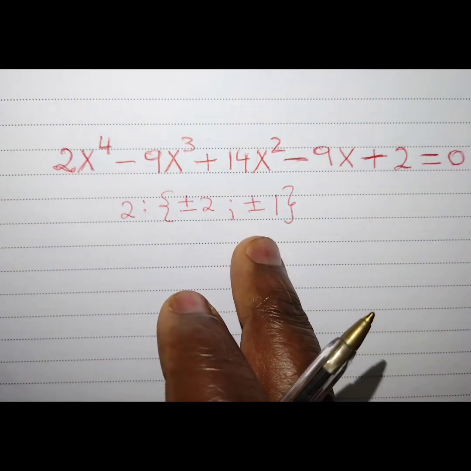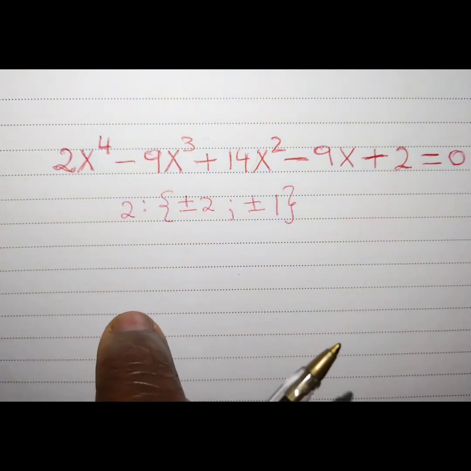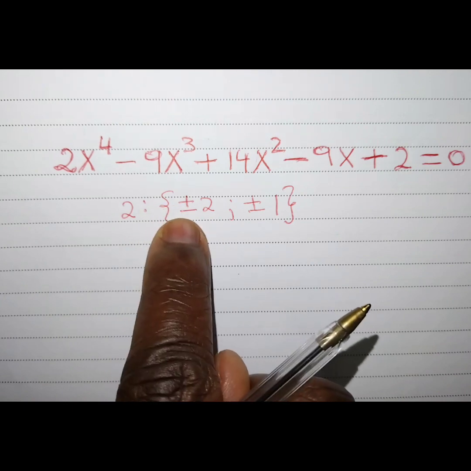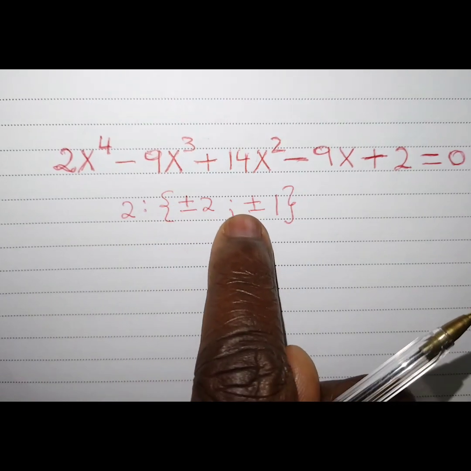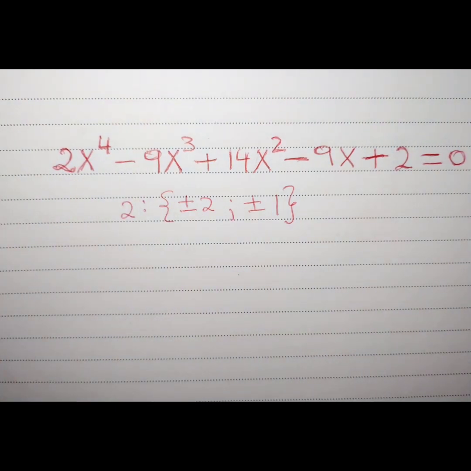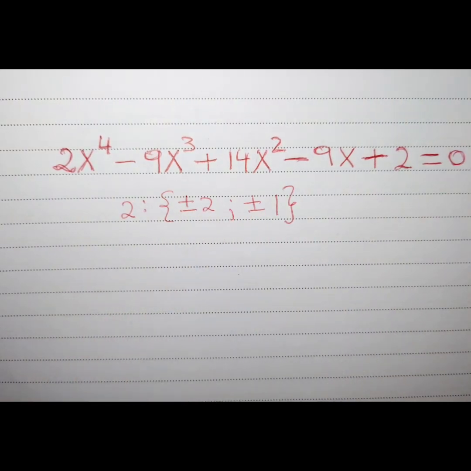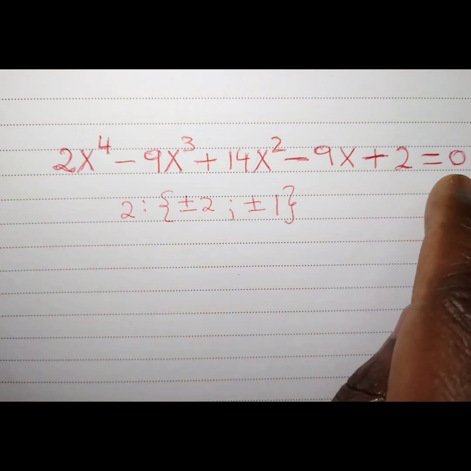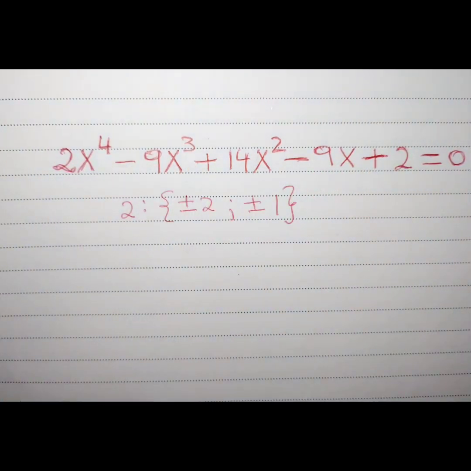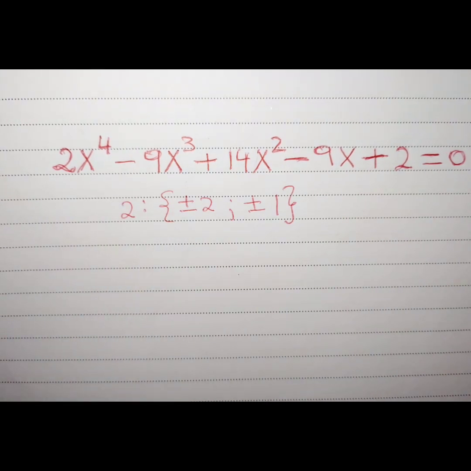I'm going to take one of these values, positive 2 or minus 2, positive 1 or minus 1, and replace it in the quartic equation. Ladies and gentlemen, the value of either of the 4 that will give me 0 when I replace it in the quartic equation will constitute my first root. So I'm going to start with positive 2.